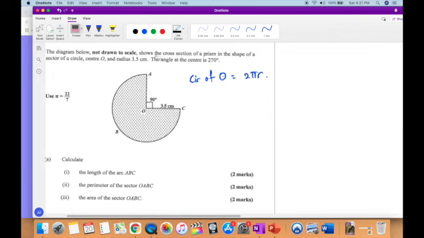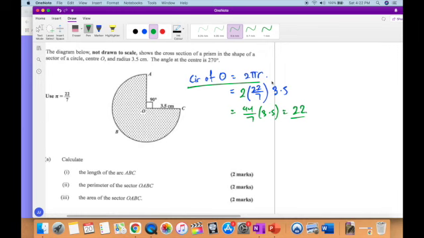Something's off here. So the circumference of the full circle, 2 multiplied by that, gives me 44 over 7 multiplied by 3.5, which is 22. So 22 is the full circumference of the circle, but I don't want that.